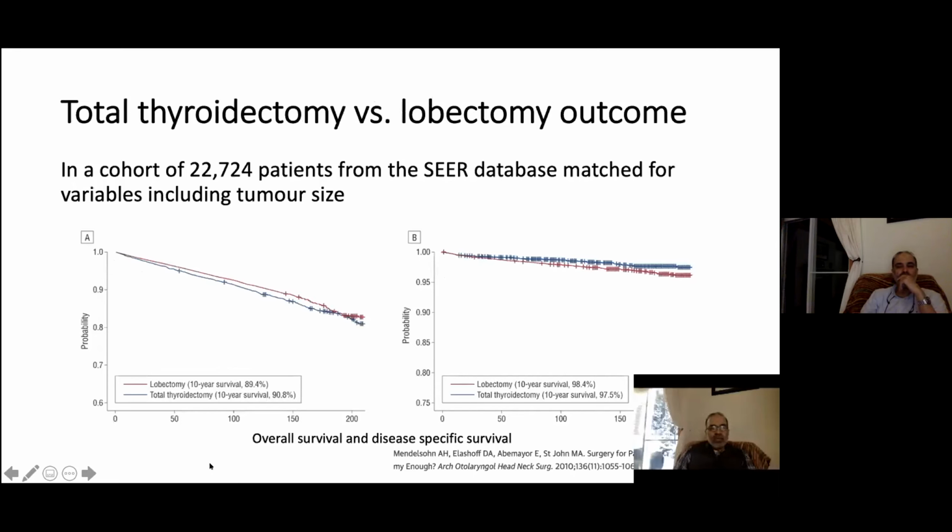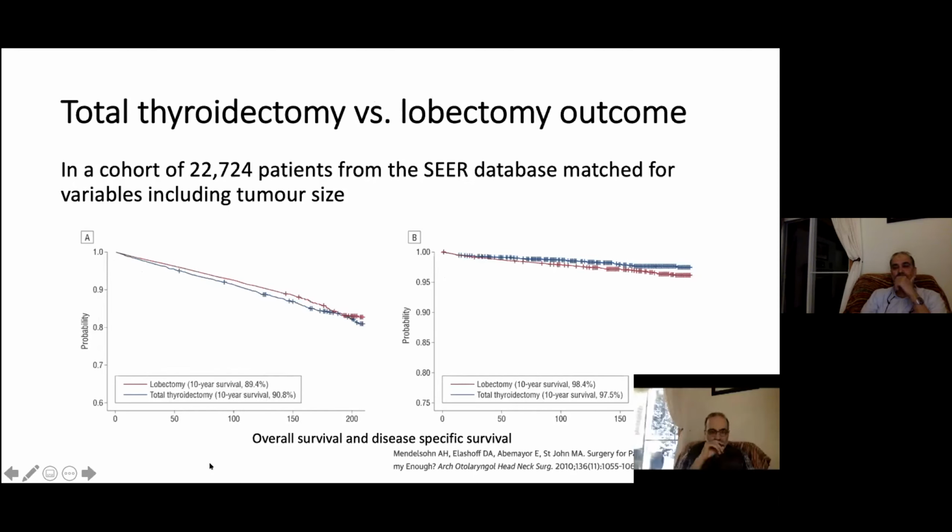And what are these data based on? If you look at a large number of patients, over 22,000 patients from the SEER database, and you look at the 10-year overall or disease-specific survival, this compares lobectomy versus total thyroidectomy.